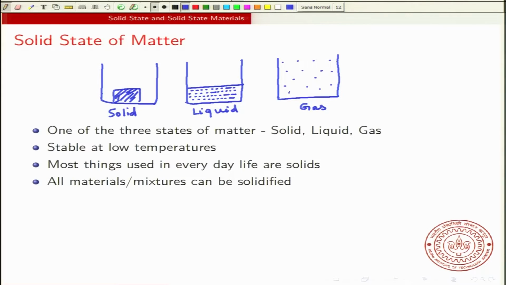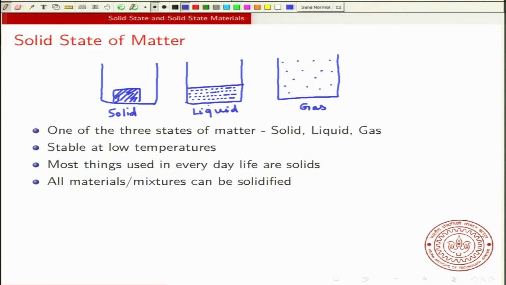So, these are the typical three states of matter that you always learn, and solid is one state of matter, and it is stable at low temperatures. As you increase the temperature, you go from solid to liquid to gas, and most things in everyday life are solids. All around us we have solid materials that we deal with. In fact, our own body, for a large part of it, is solid.